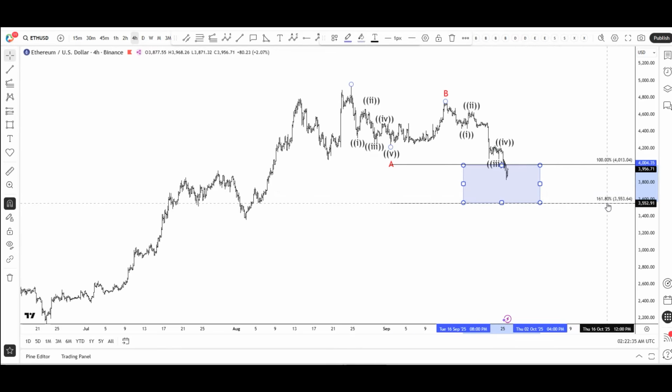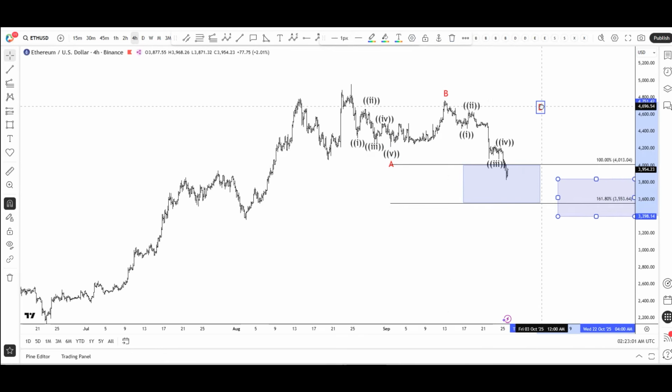The moment it goes below 1.618, this entire move can become 1, 2, 3, 4, 5, and continue to go down. So it is important not to have the current move down reach 35.53. And if we don't continue to go down to 35.53, then we're looking at any moment now this C can be finished at any moment.